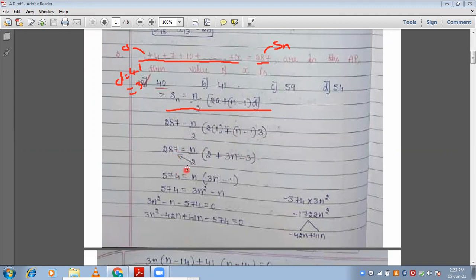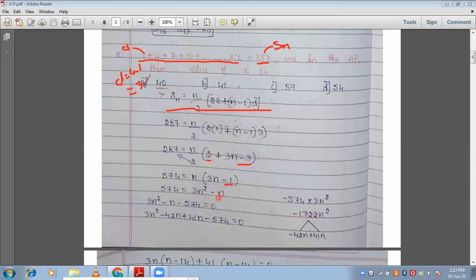Cross multiply: take 2 to the numerator, 287 into 2 is 574, which is equal to n into 3n minus 3 plus 2, which is minus 1. Now multiply n into 3n is 3n square, minus n into 1 is n.